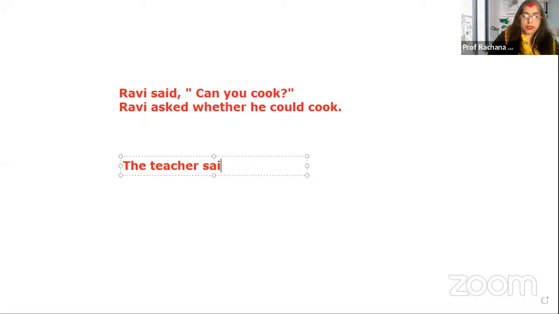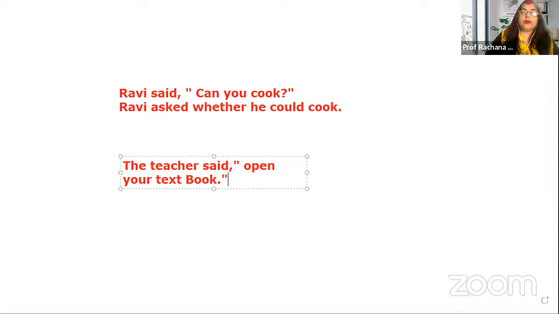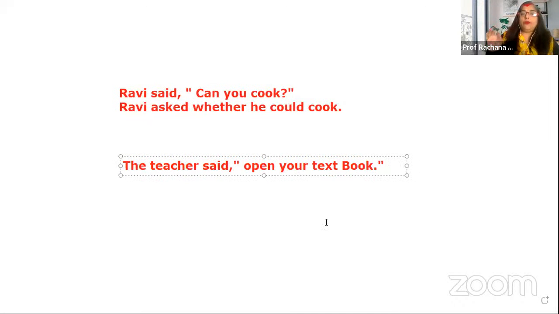The teacher said, comma, open inverted comma, open your textbook. Full stop, close inverted comma. So the question is, the teacher said, open your textbook. Open, O should be capital whenever there is an inverted comma.